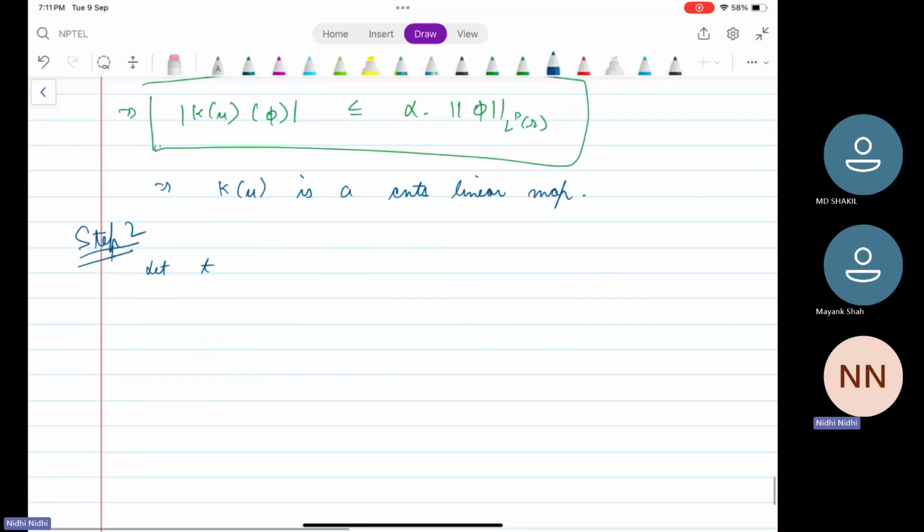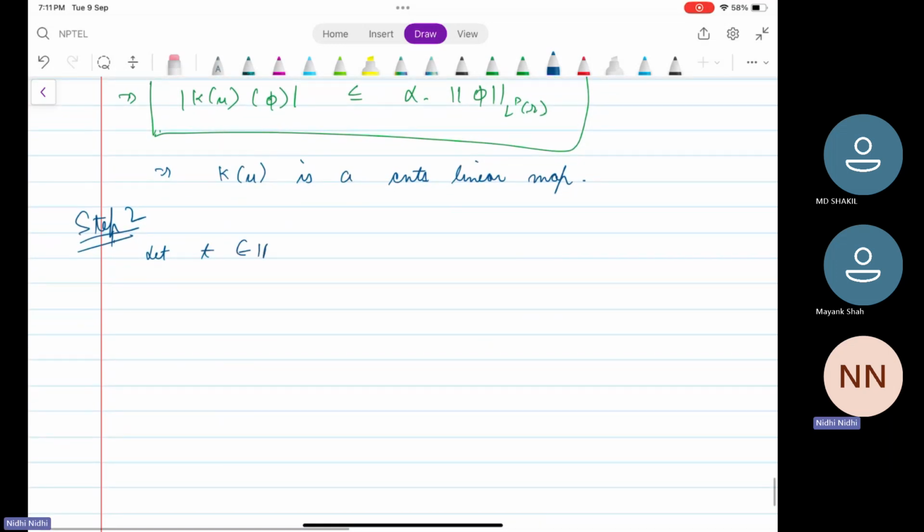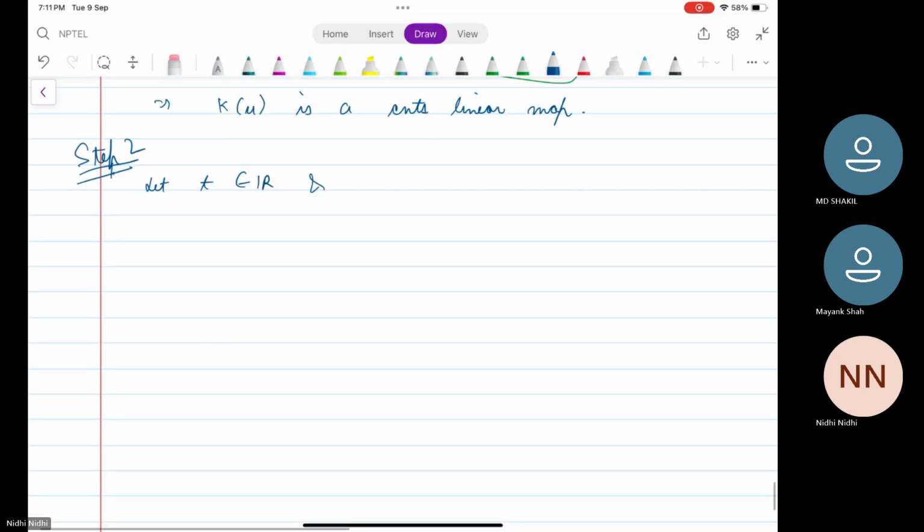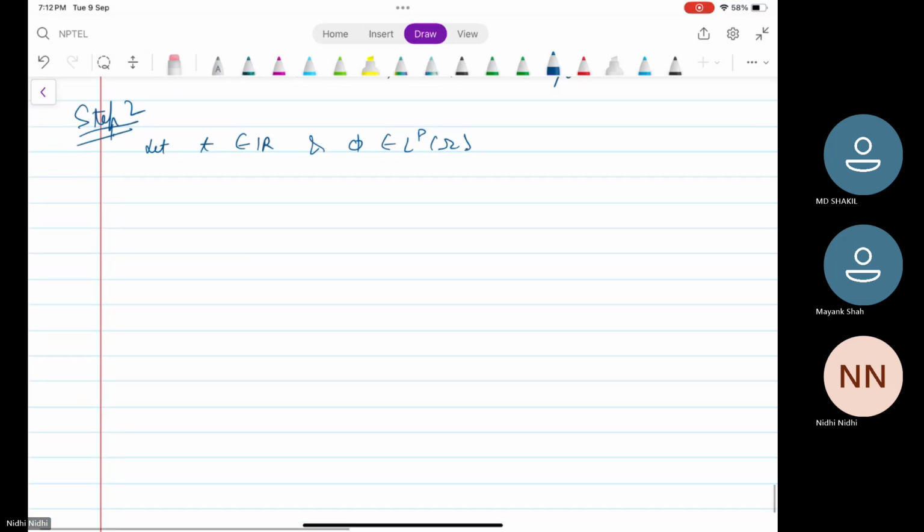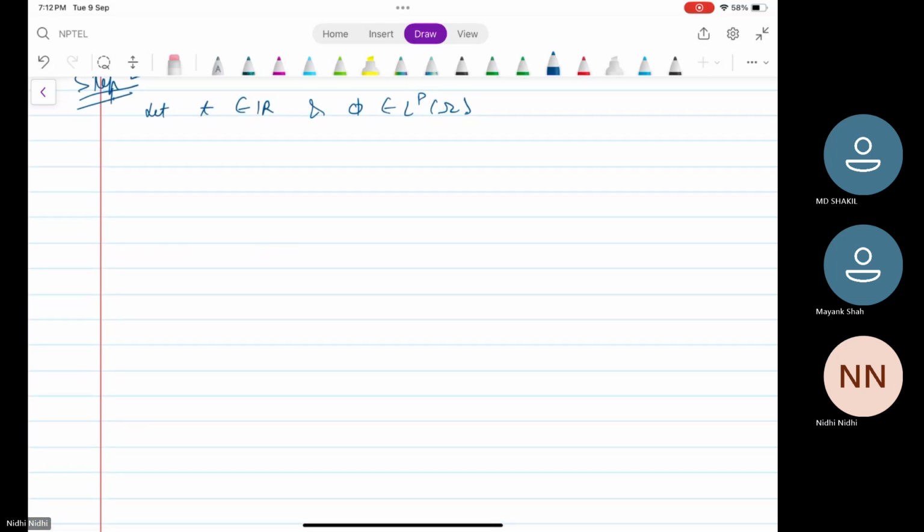So let t belong to R and phi be a function in LP omega. This is what we are claiming.